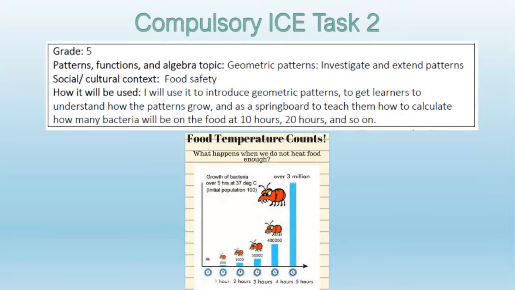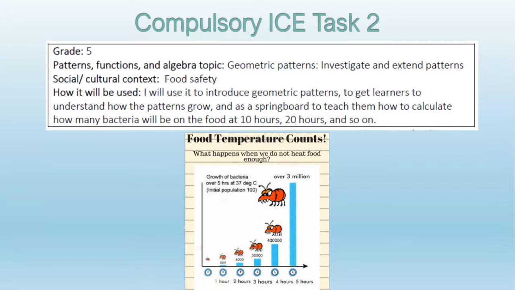At the start, there was one bacteria left there, and in 1 hour it grew. 2 hours, even more. 3 hours, even more. 4 hours, 5 hours, and then to extend the pattern, the learners are asked to calculate how many bacteria will be on the food in 10 hours and 20 hours.